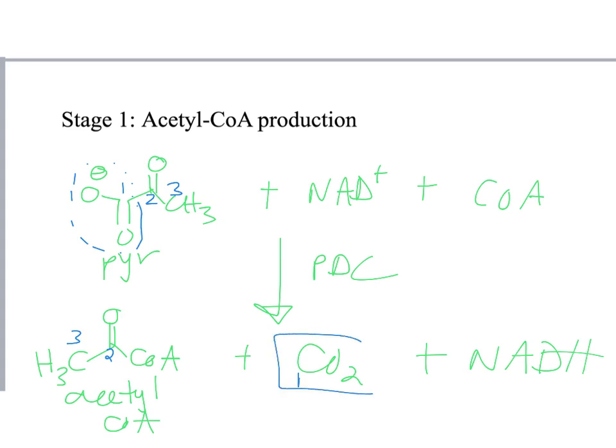Okay, so we've made our very first CO2, which is great, and we have 2 more to make eventually, and those will come out in the TCA cycle because there are 2 carbons left. So like I said, the PDC is a bridge step on the way to complete oxidation because we do get 1 CO2 out, and it does create a molecule that goes on to be completely oxidized.